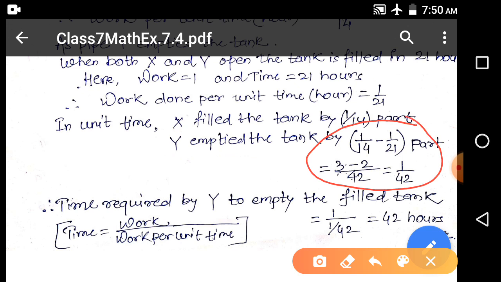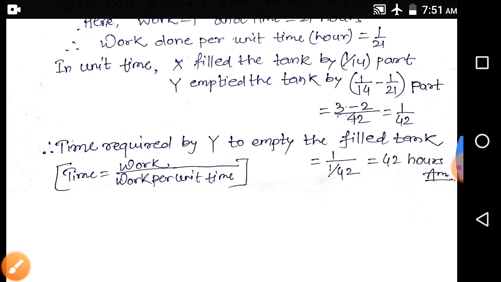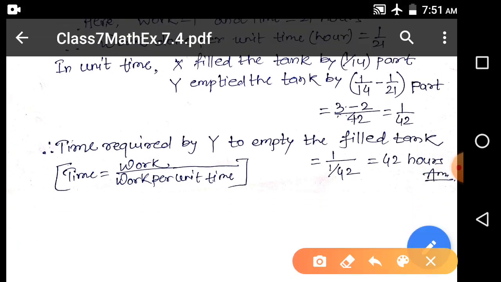So this 1 by 42 part of the tank is emptied by Y in 1 hour, in unit time.